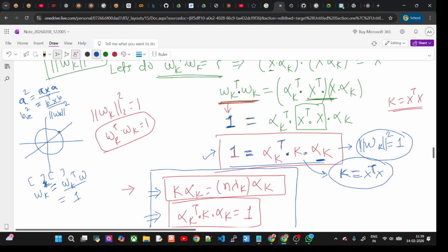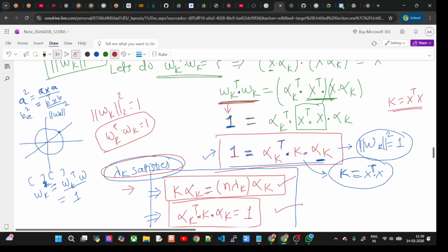So now you need to figure out which alpha k you need: the alpha k which satisfies these two important equations, k into alpha k equal to n lambda k into alpha k, and alpha k transpose k into alpha k equal to 1.